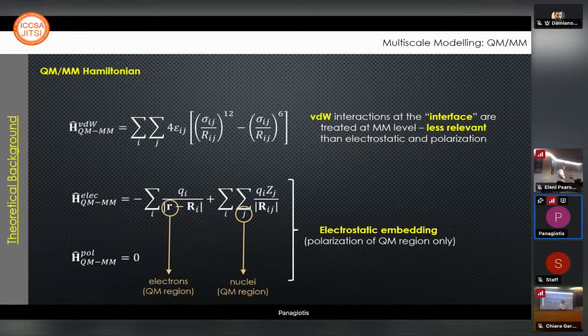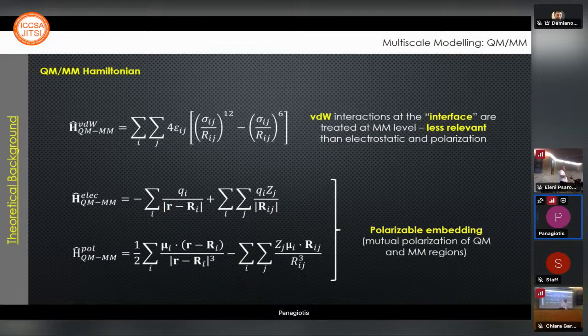So this is the most used embedding scheme because of a very good compromise between accuracy and computational cost. And finally, in the polarizable embedding, we also include induced atomic charges in the classical region, in the MM region. So we are also considering the polarization of the MM region by the QM region. So mutual polarization between both regions.